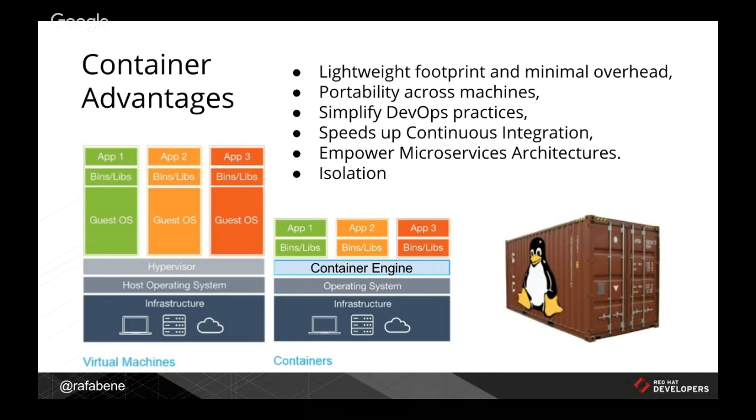And of course, containers have a lot of advantages. They're lightweight, and because they're lightweight, they simplify DevOps practice and empower microservice architecture, and that's why we want to show you how to perform those things using containers and using Kubernetes.